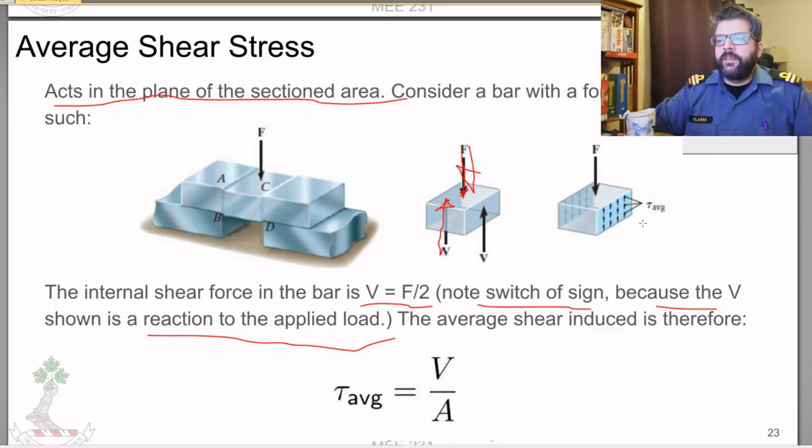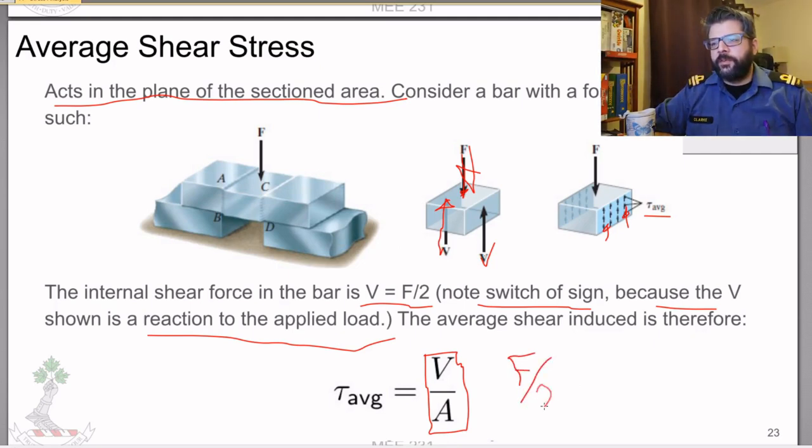If we're looking at the average shear, if we're assuming that it's evenly distributed across that area, which, spoiler alert, it's not, but you don't need to worry about that till next year, then it's just going to be equal to that V over A. So for this particular loading situation, that'll be F over 2A.